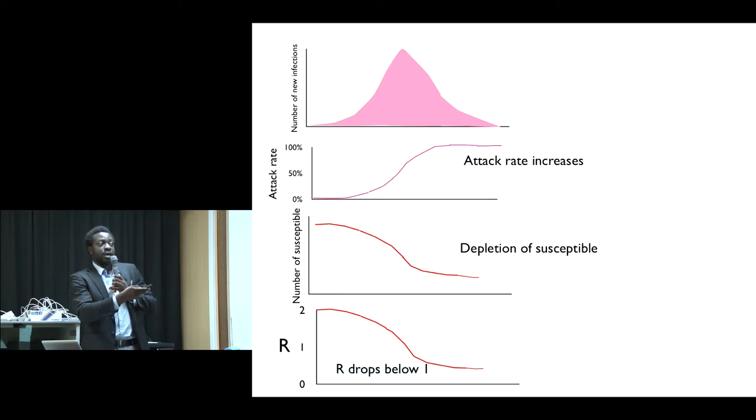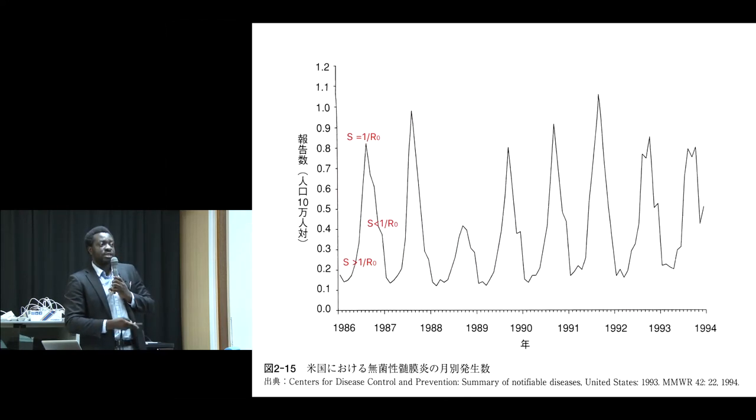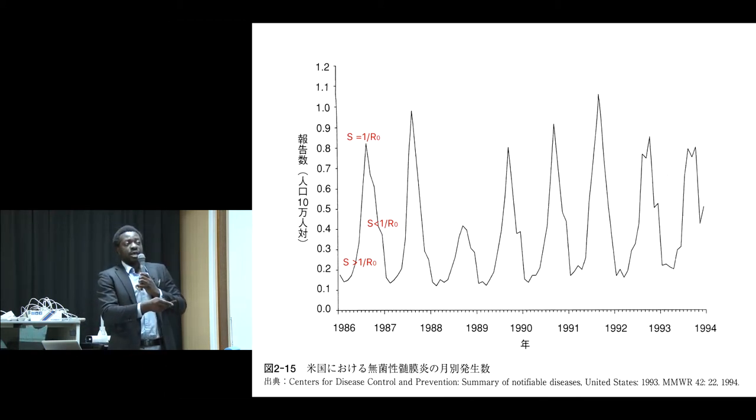So you can see the relationship between the number of new infections, the attack rate, which keeps on increasing over time, and the number of susceptible, which decreases because R also decreases here. And this is the reason why, in some epidemics, we have these peaks. Whenever we have an epidemic, when you look at a graph, there is a climbing point where more and more people are getting infected. Here, the proportion of susceptible is more than 1 over R naught. That's why the number is increasing.